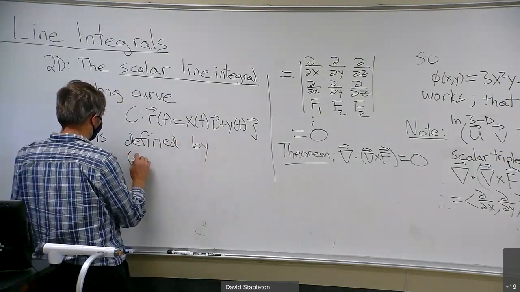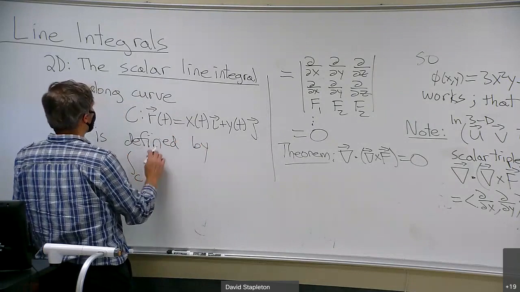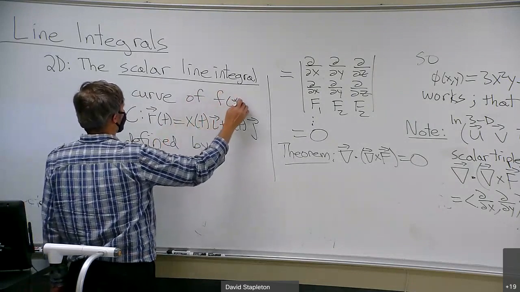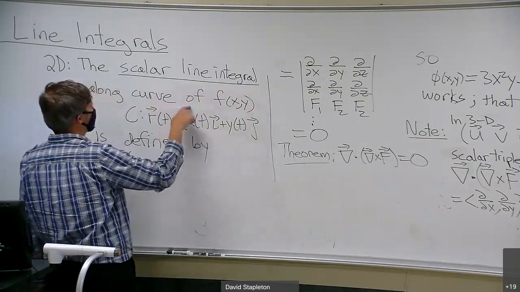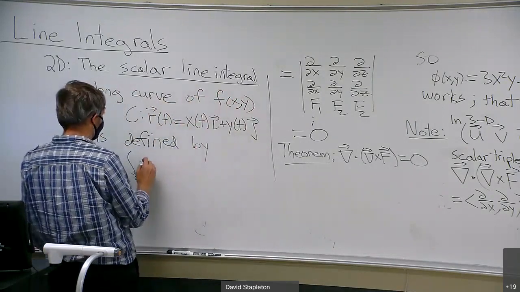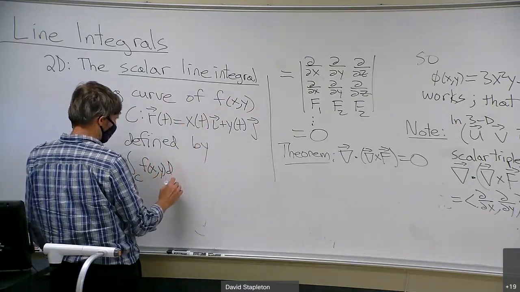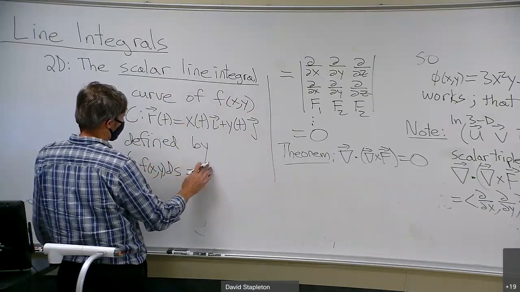Here's the notation for it. It should be of a function f of x, y of 2 variables. So the scalar line integral along a curve C of a function of 2 variables is defined by the line integral of f of x, y ds, which is the notation.